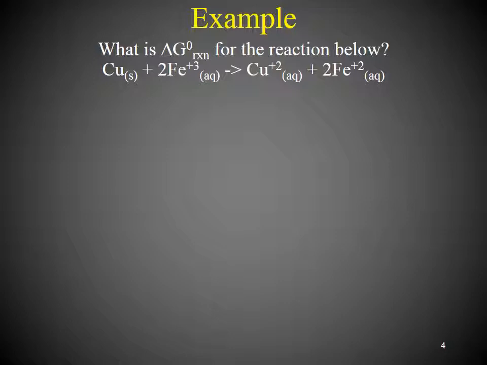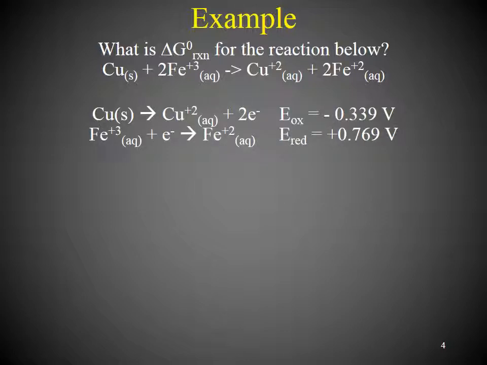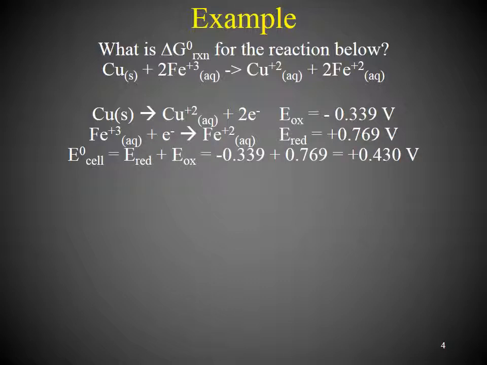Let's now derive delta G for this reaction using the cell potentials. How do we do that? Once again, we go to our standard potentials table and obtain the right values. For the species that have been oxidized, we just change the sign of that value. We add up the voltages of the two half cells to obtain the full cell voltage.